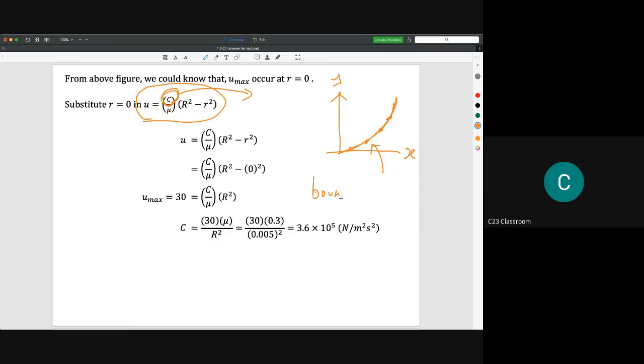Later on, we will have questions that have boundary conditions and so on. The idea of a boundary condition is that we represent a coordinate that occurs on this line. In this situation, they give you that u max occurs at r0.